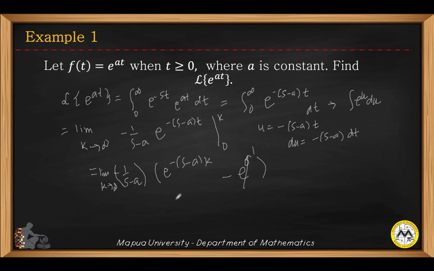Now take note that if k approaches infinity, you get e to the negative infinity, which is actually equal to 0. That's 1 over e to the infinity. E to the infinity is infinity, and 1 over infinity is 0. So this is 0, and finally, we get 1 over s minus a. We have a restriction, of course, that s should be greater than a. So the transform of e to the at is equal to 1 over s minus a.